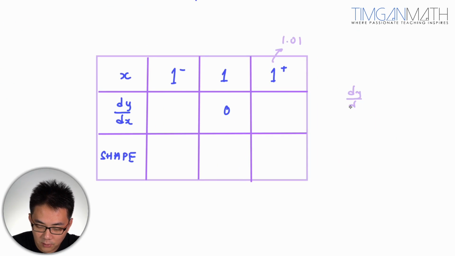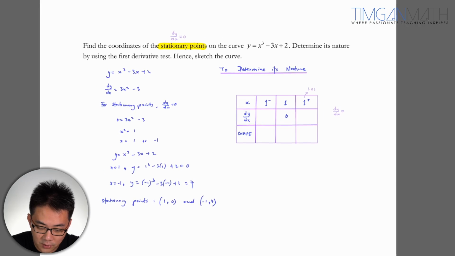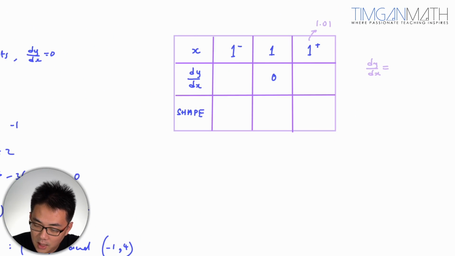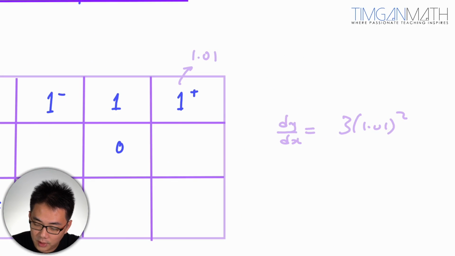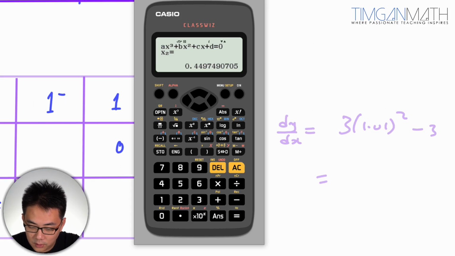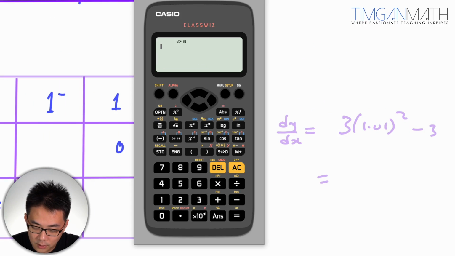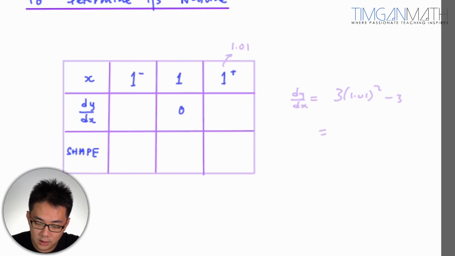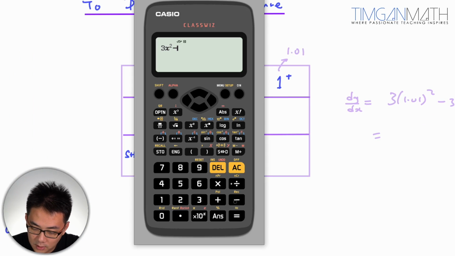So for dy/dx when x equals 1.01, we just key into the calculator by substituting. This is 3x squared minus 3.